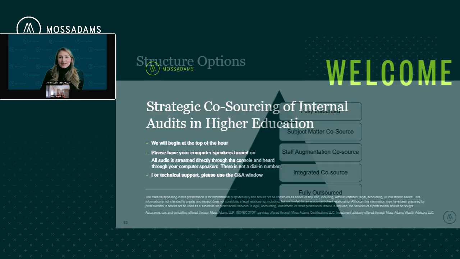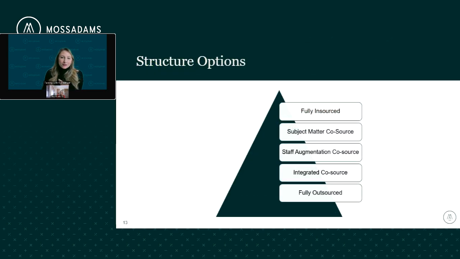Okay. So we're going to talk through the different internal audit structure options from a fully insourced internal audit function all the way to a fully outsourced internal audit function, and all of the variations in between. So looking at subject matter co-sourcing, staff augmentation co-sourcing, or integrated co-sourcing.